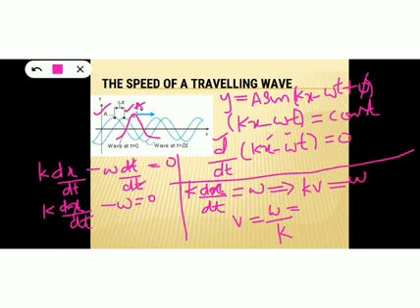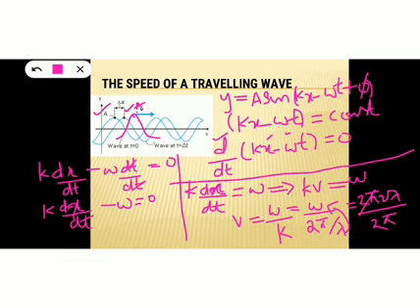So k is 2π/λ, and we can write ω divided by 2π/λ. This λ goes to the numerator, so you will get ωλ. Again, ω can be rewritten as 2πν, where ν is the frequency. Then we have λ divided by 2π, so this 2π will be cancelled. We are left with νλ. So we got an expression: velocity v is equal to νλ.